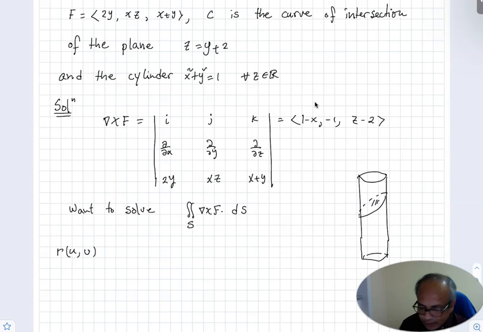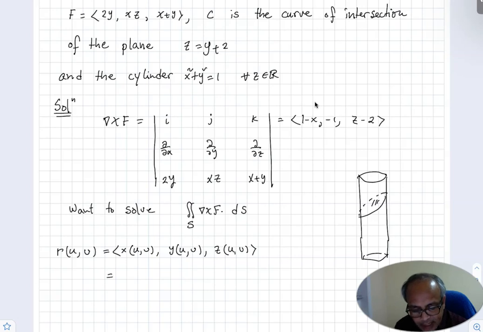So u is a parameter, v is a parameter, and you are looking for the position vector, whose first component x is a function of u and v, the second component y is a function of u and v, and the third component is also a function of u and v.